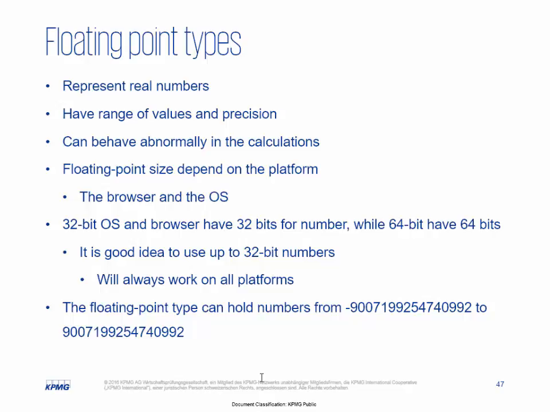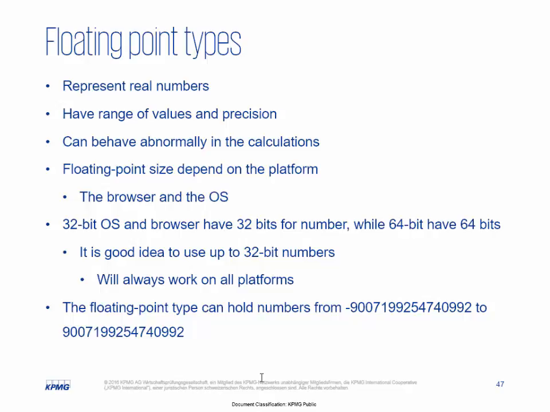But again, floating point types are the ones with the dot, the decimal point numbers. And they can behave very badly. They depend on the implementation, on the memory allocation, on the OS, on the browser context, and they can behave badly depending on what you try to do with them.